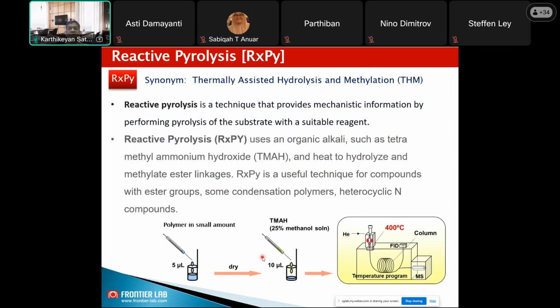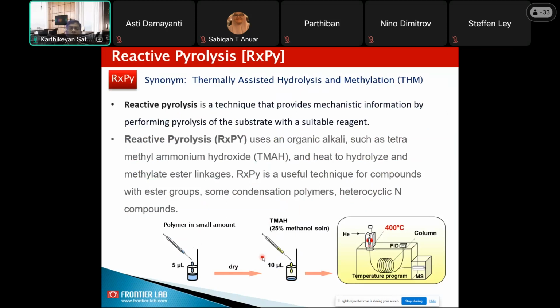In other words, reactive pyrolysis uses an organic alkali such as tetramethyl ammonium hydroxide and heat to hydrolyze first, then methylate the ester linkage of the material. It produces some distinct peaks to identify the type of monomer, also different additives within the sample, which we will understand better with some classic examples.